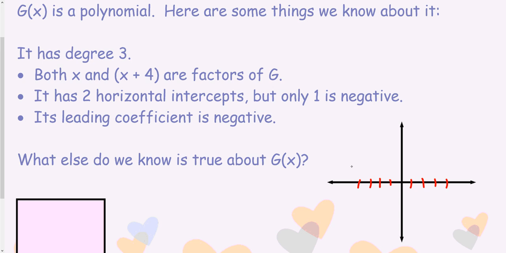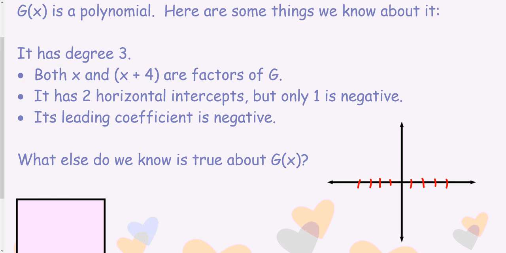I'm not too concerned about the y-axis, because the scale of that is affected by a scale factor, and scale factor doesn't really affect anything like intercepts and behavior. All it affects is how much the graph stretches, but then the y-axis stretches with it, so we really don't have to worry about that. It does have two horizontal intercepts, right?